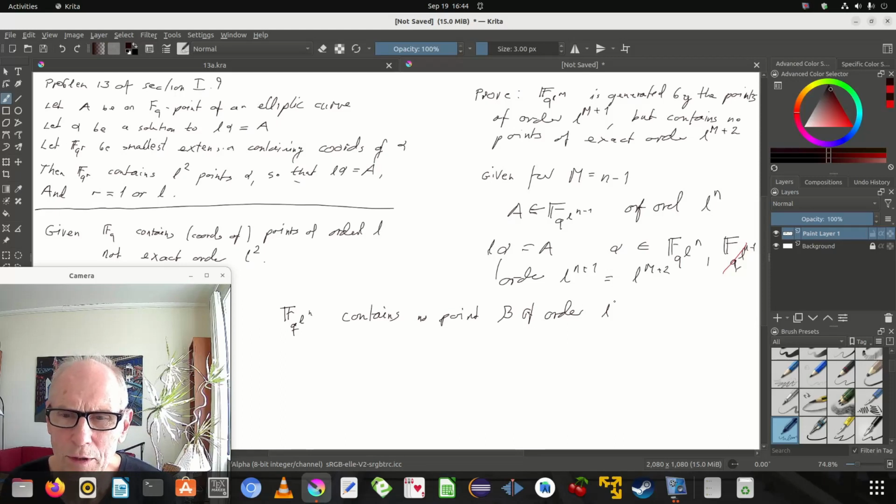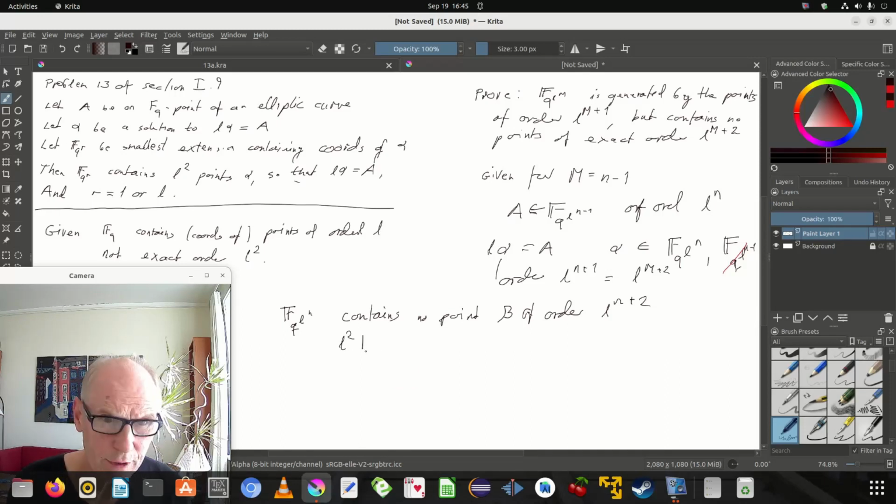So we have a point of order L to n plus 1, but we must have no point of order n plus 2. So that in that case, L squared beta, that's a beta, not a B, equals A.